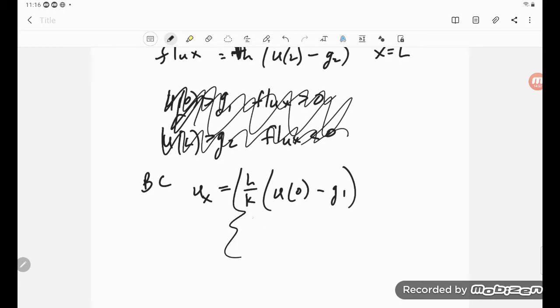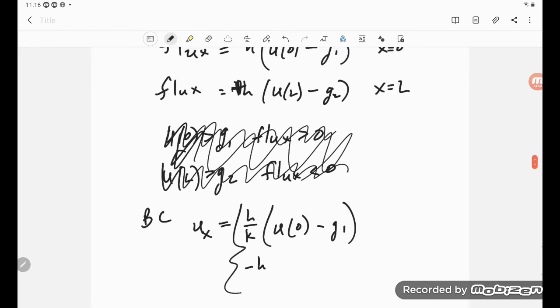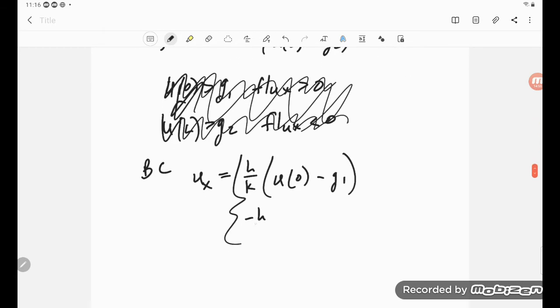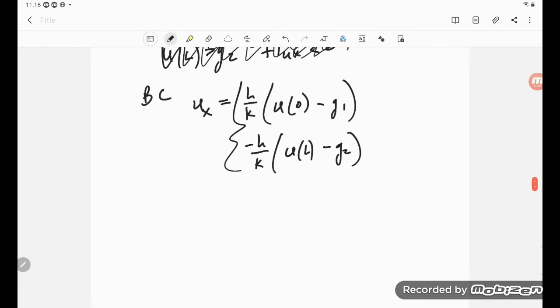And then down here, we'll have a minus because this h was a plus, but the k was a minus. u of L minus G2. Okay, so that's what they get.